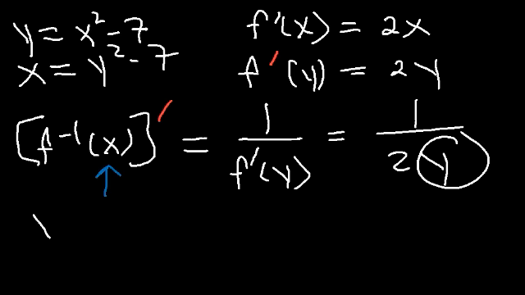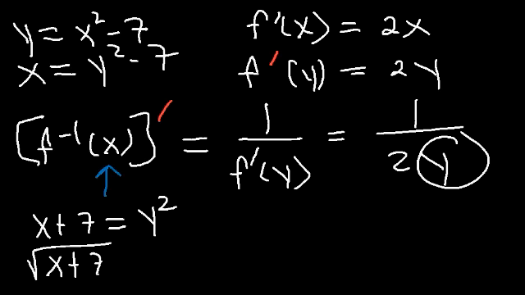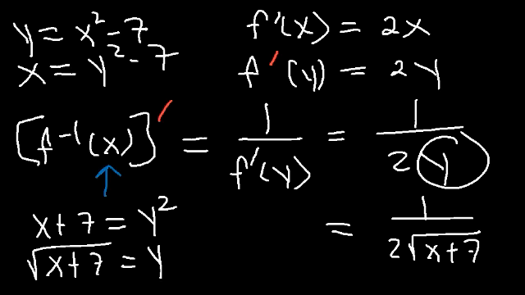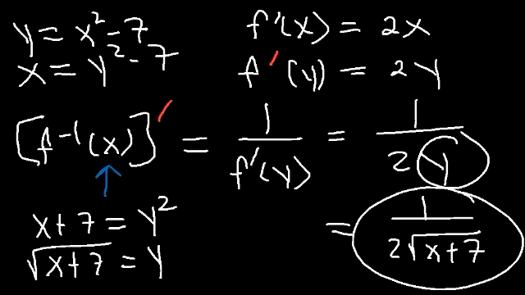If we add 7 to both sides, x plus 7 is equal to y squared, and if you take the square root, y is equal to the radical x plus 7. So this is going to be the derivative in terms of x. This is the derivative of the inverse function. And if you want it in terms of y, this is it.